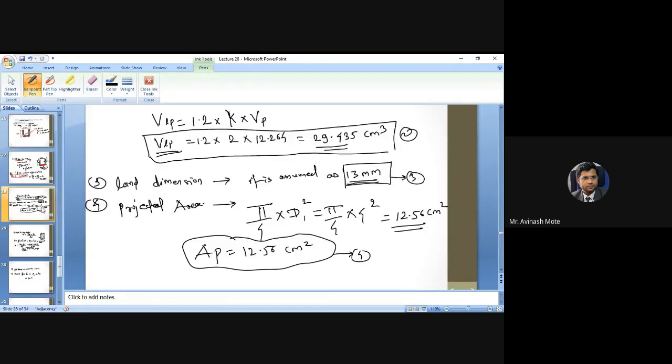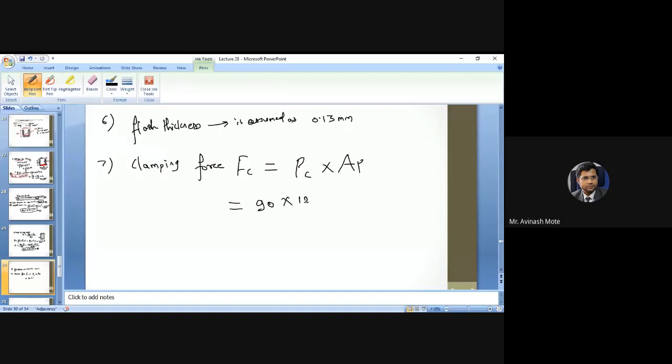And what is the projected area? Where it is, projected area? Okay, 12.56 centimeter square. 90 into 12.56 centimeter square. So it is coming as, let me check, 90 into 12.56, 1130.4.